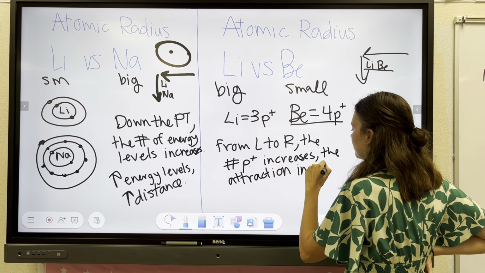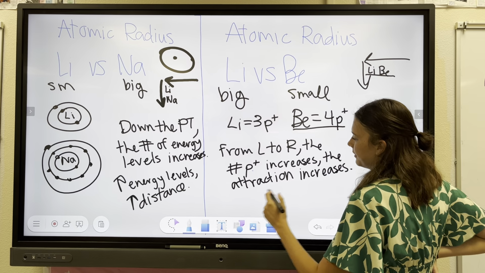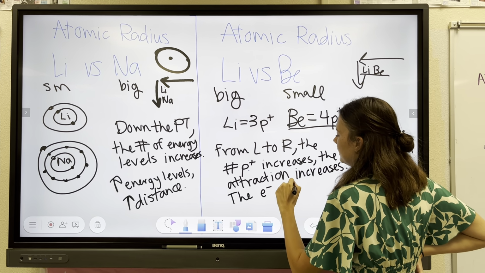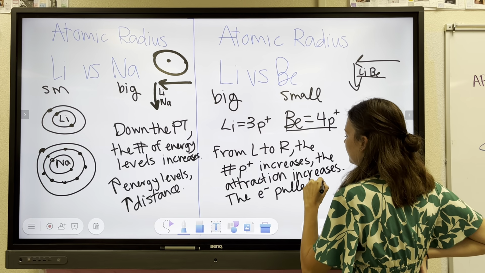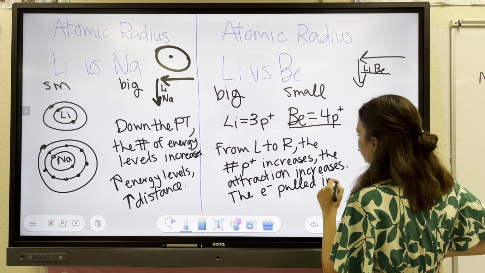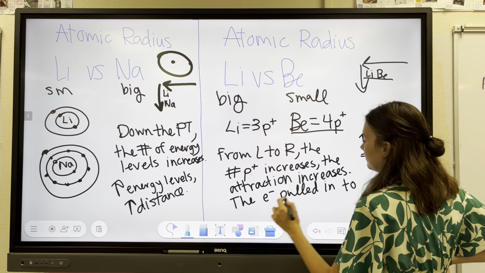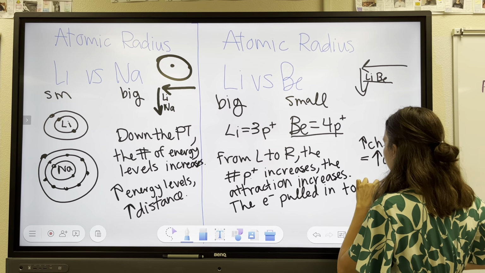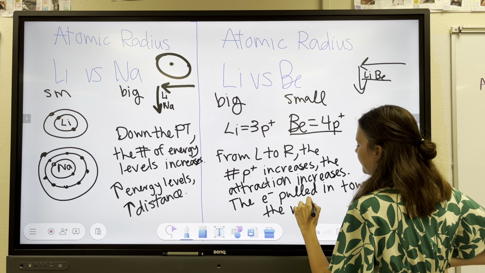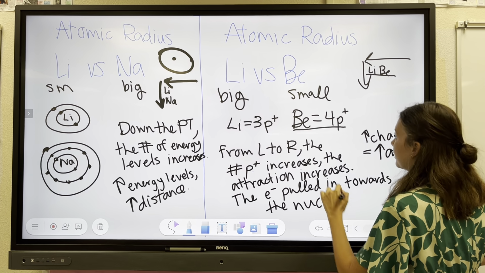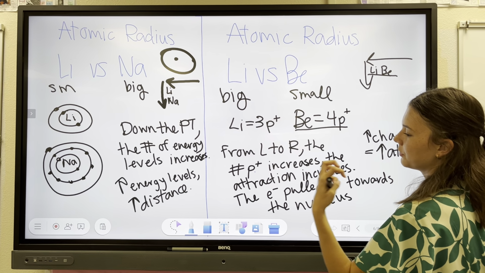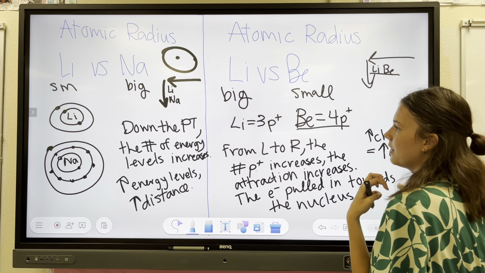And because there's a stronger attraction, the electrons are going to get pulled physically closer to the nucleus. So they're being pulled literally closer, towards the nucleus. That is why atomic radius gets smaller as we go left to right, because the more protons we have, the stronger the attraction pulls the electrons towards the nucleus. Okay, we're good.